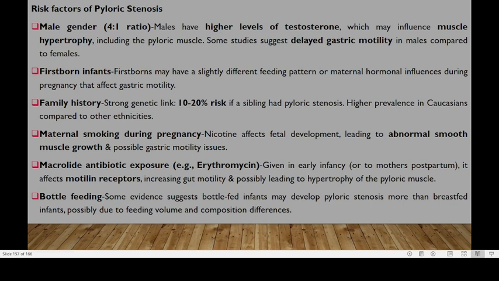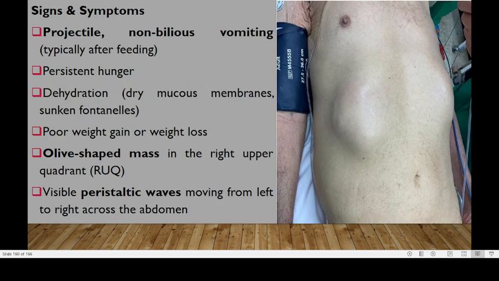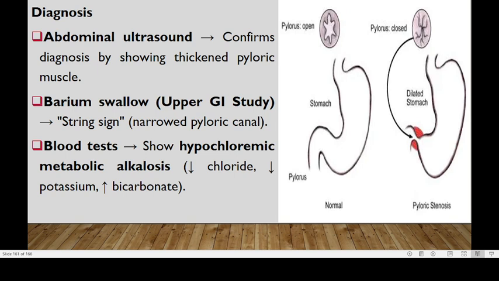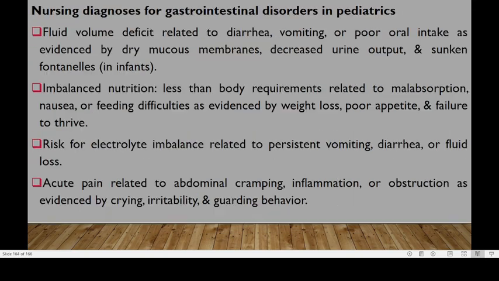The biggest reason is that males have higher levels of testosterone, which can influence muscle hypertrophy of the pyloric muscle. Some studies also suggest delayed gastric emptying in males compared to females. You could do an abdominal ultrasound to confirm the diagnosis, or a barium swallow and blood tests.